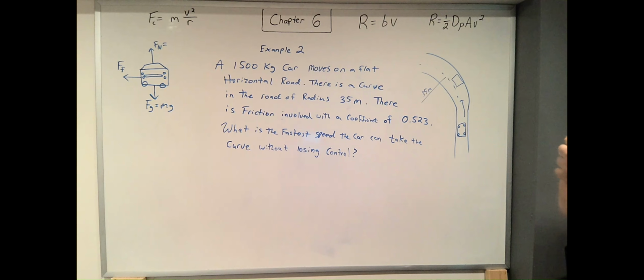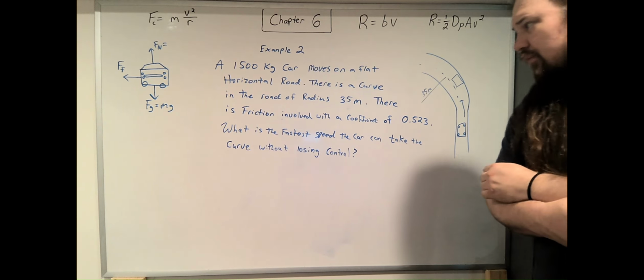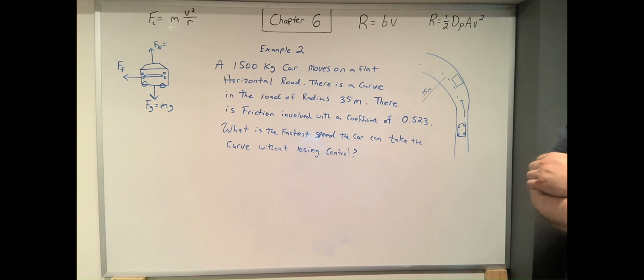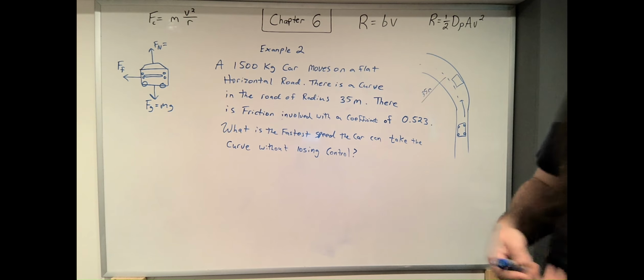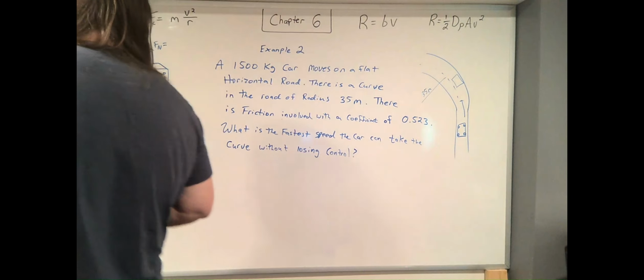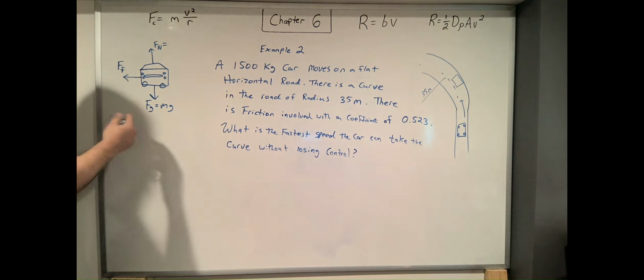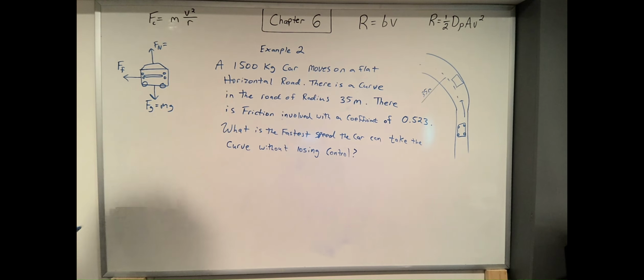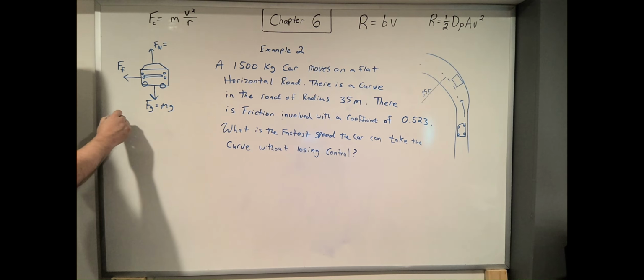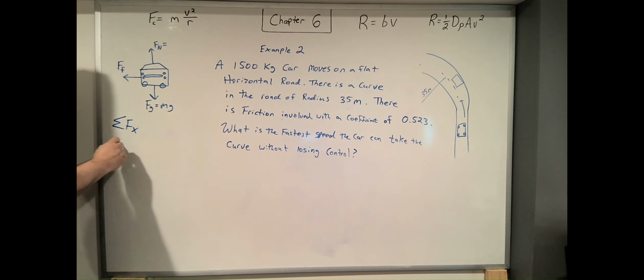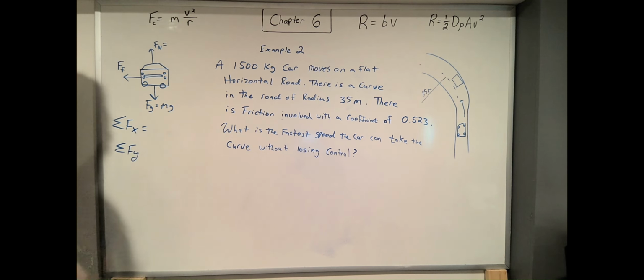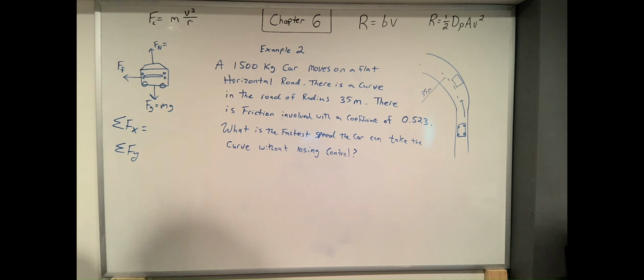So our free body diagram looks something like this. Now, we don't put in our centripetal force. Instead, we're going to write out our equations. We look at the sum of the forces. So I need the sum of the force in the x direction. I need the sum of the force in the y direction. So what's happening in the x direction?